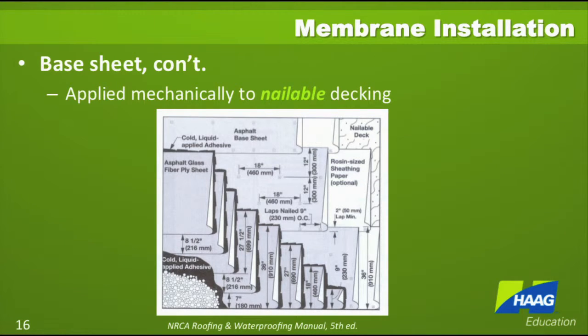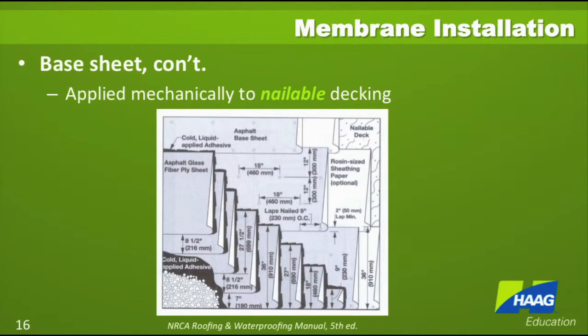If the roof deck is considered nailable, and that includes a roof deck that also can be applied to with screws, then that base sheet is going to be mechanically attached. The base sheet is 36 inches wide and is going to be installed with just a 2-inch overlap, so essentially a one-ply installation. This is what's shown as the lighter gray material in the installation graphic being shown on the slide.